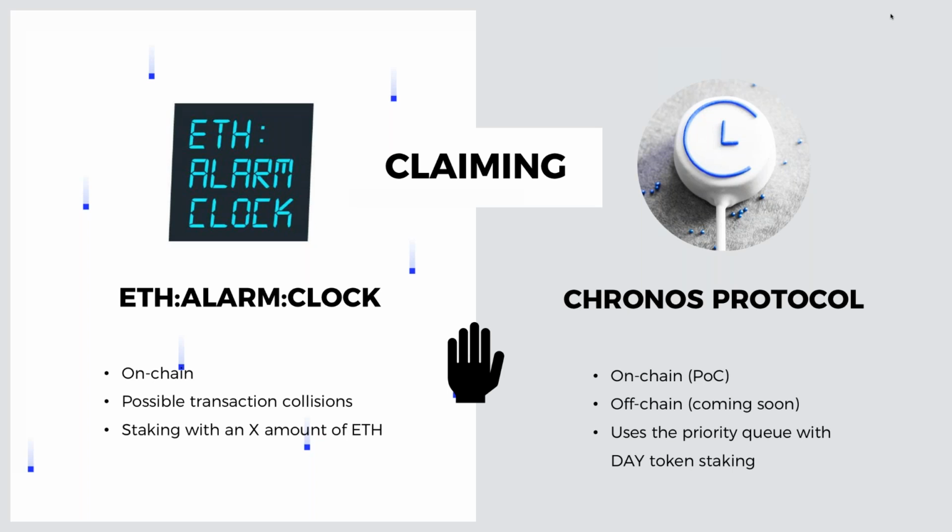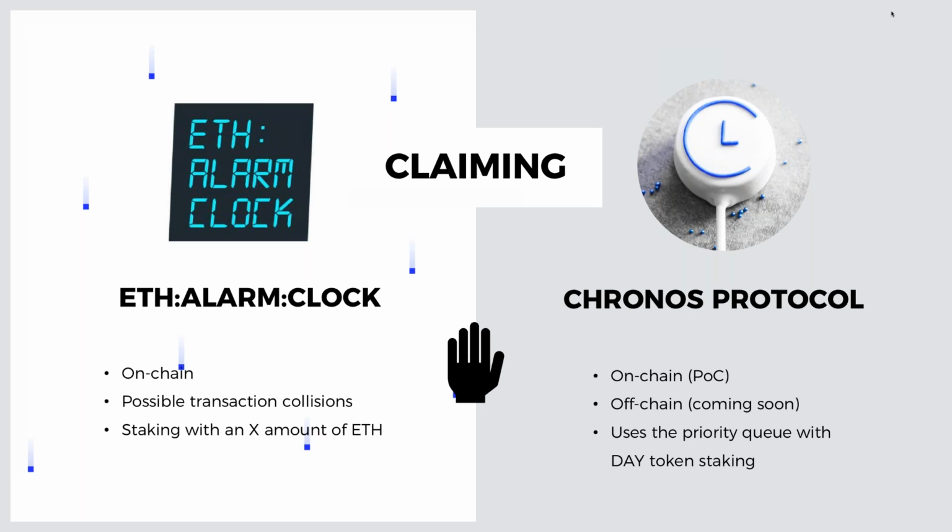So we have two different ways of going about this. In the Ethereum Alarm Clock, we have the on-chain way, where the time nodes, once they see a transaction that has been scheduled, immediately try to claim it. They say, I want to be the one who will execute it.